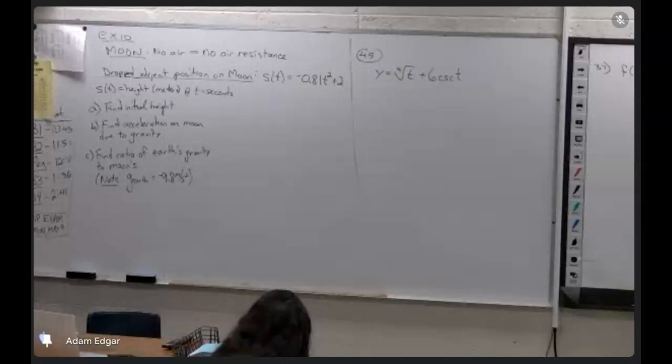29, 43, so 29. We did, no, I did that in block 3. 29, f of x equals 3x minus 1 over root x. And 43 is negative x plus tangent x.